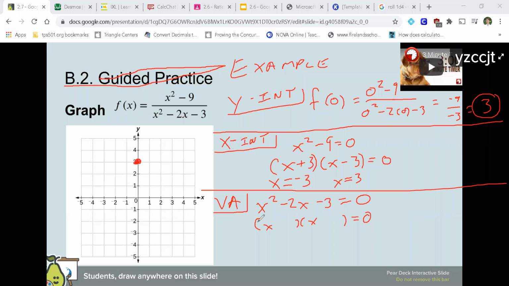What two numbers multiply to be negative 3, but add to be negative 2? Negative 3 and positive 1. That's exactly right. So that gives me x equals 3 and x equals negative 1 as zeros.